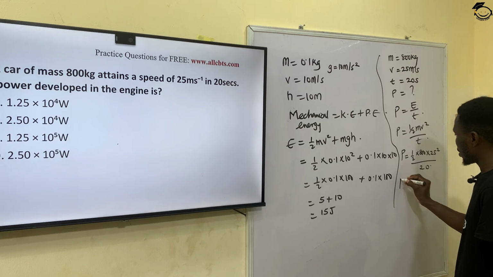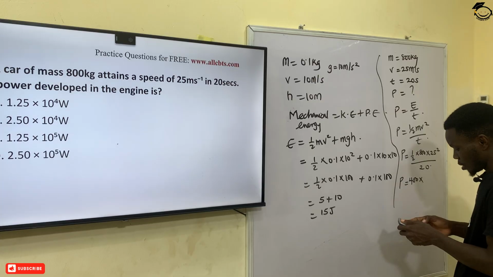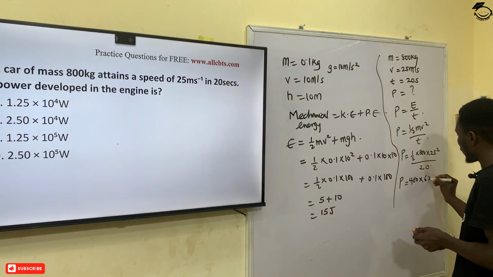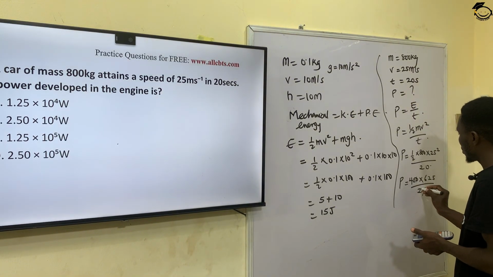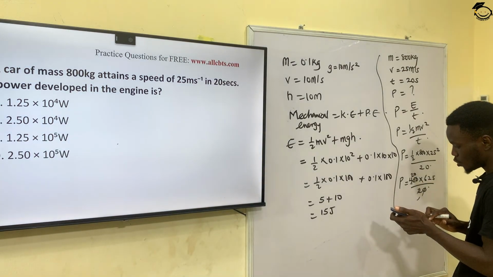So this will give me that my power is 400 times 625 divided by 20. So this will cancel this, 2 here 1, 2 here 20. So that will have 625 times 20.